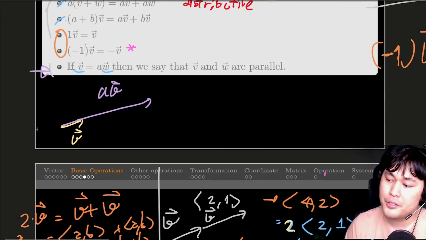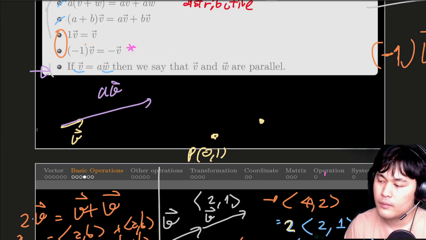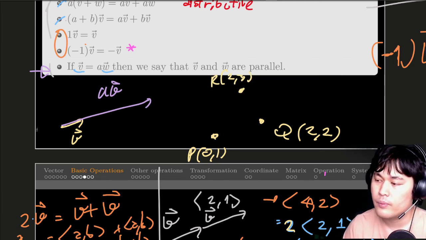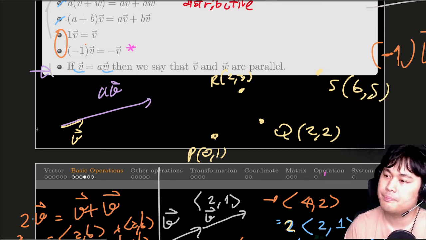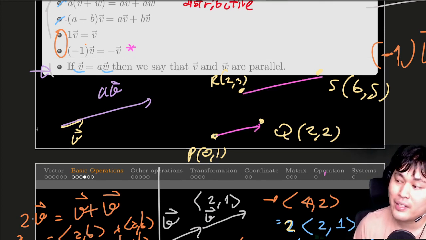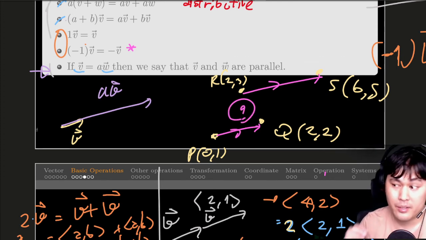And sometimes you are asked to compare points, let's say 0, 1 and 2, 2, and another point, let's say R, which happens to be 2, 3, and then the point S, which is, let's say, 6 and 5. Now it's not clear anymore whether this vector and that vector are parallel. That will be the question you want to ask.